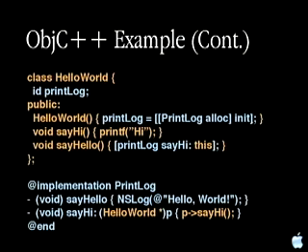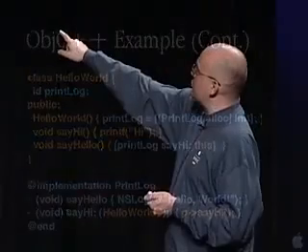NSLog is also a standard Coco function. It's actually a C function if you really look at it. So it basically prints hello world on the screen. And the example is silly, as all examples are, but it shows you how you can mix and match. So you can see within Objective-C, we actually use p arrow say hi to call the C++ method, and vice versa. And from a C++ class, you can invoke an Objective-C method.